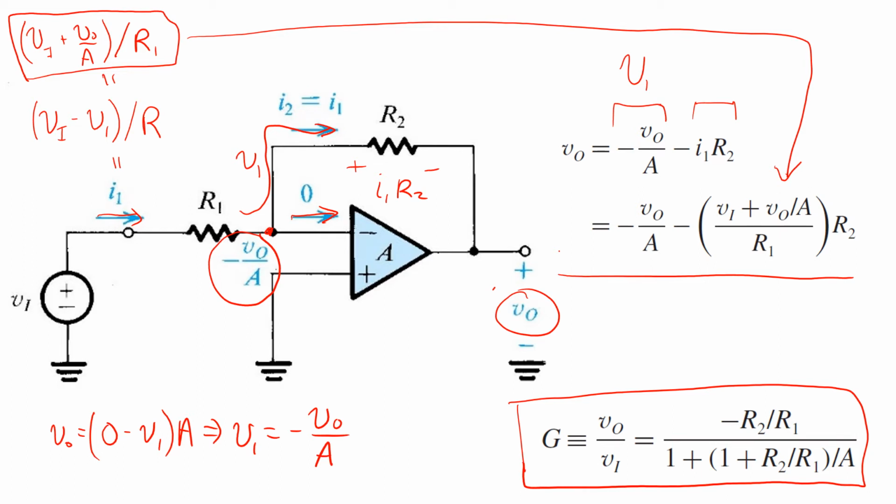It's a lot more complex than our expression for the closed loop gain when the op-amp was ideal and we had infinite gain, that was negative R2 over R1.